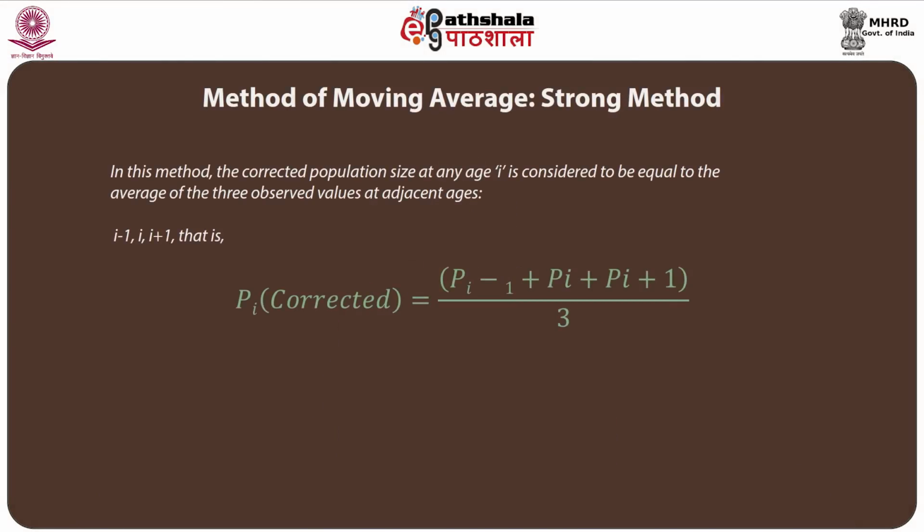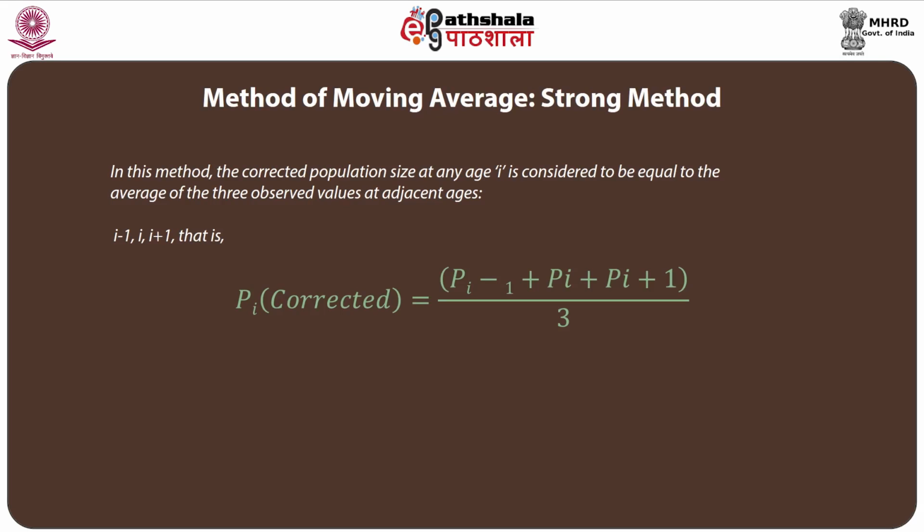Let us now discuss some of the measures which can be adopted for smoothing age data. The first one is the method of moving average, which is expected to be a stronger method of smoothing the data.